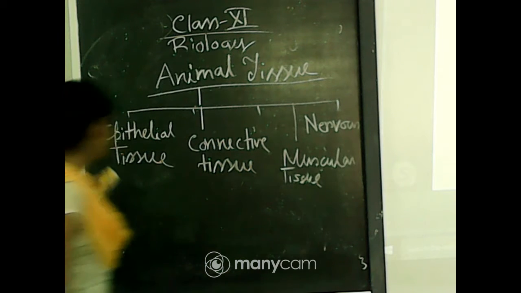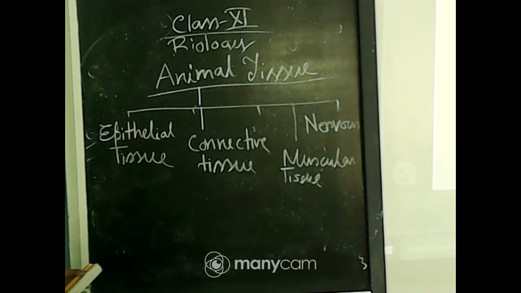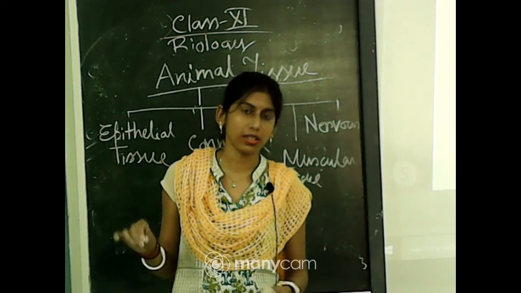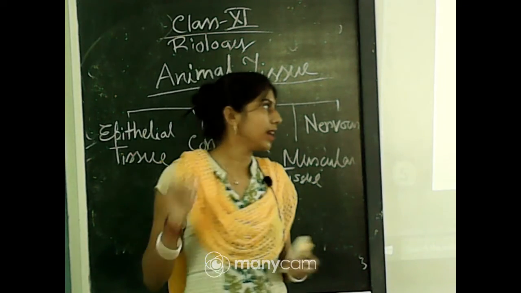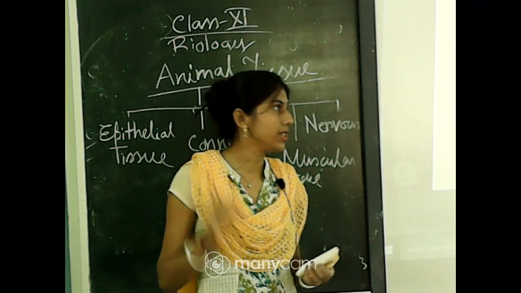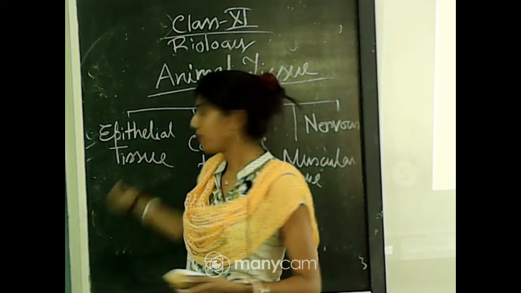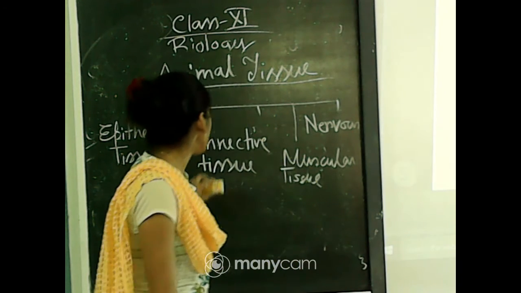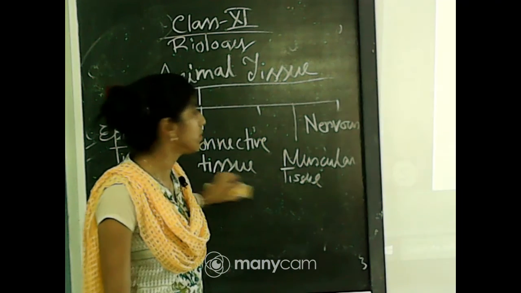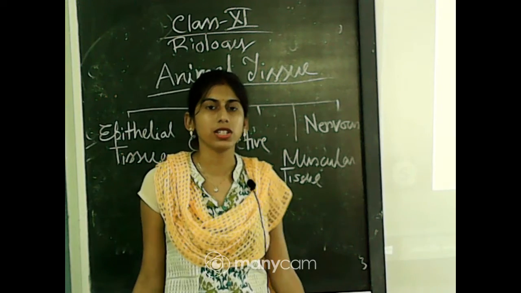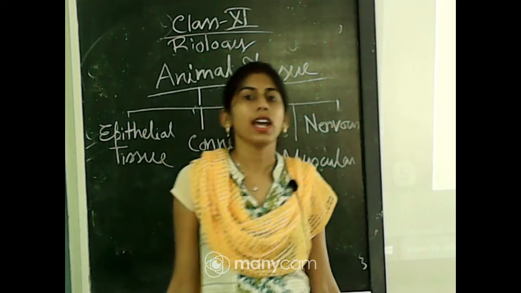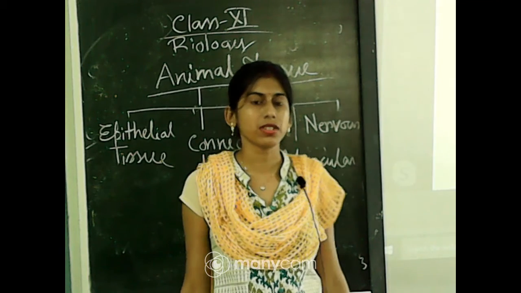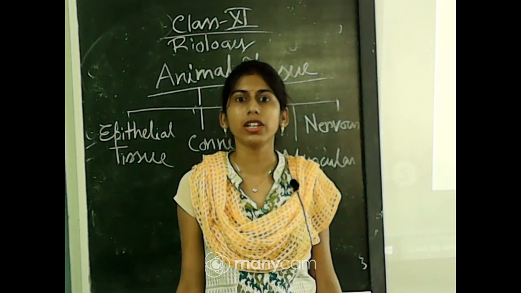The tissues have originated from the 3 layers: ectoderm, mesoderm and endoderm. From these 3 layers, epithelial tissue has originated. But for connective tissue and muscular tissue, the origin is only mesoderm. And nervous tissue originates from only the ectoderm layer.